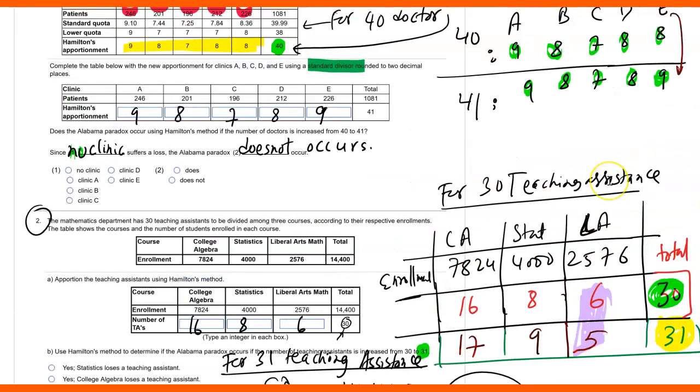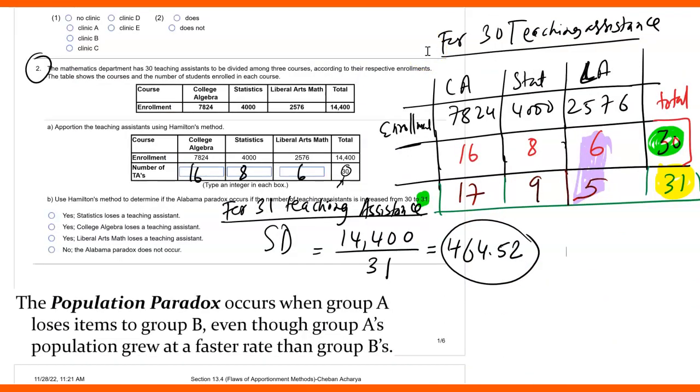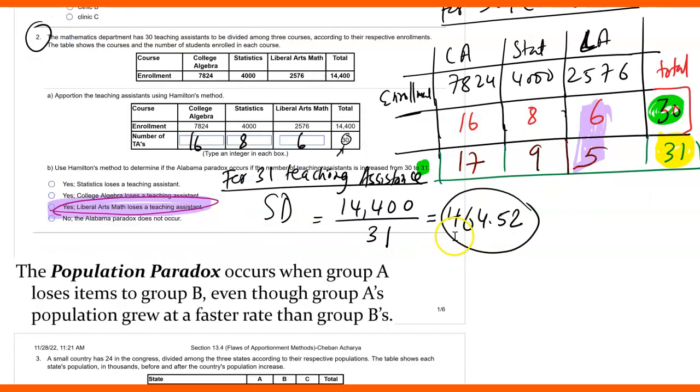As long as one of the groups loses a quota, the Alabama paradox occurs. Therefore, we're going to choose this. Yes, because liberal arts math loses a teaching assistant. See that here? Yes, liberal arts math loses a teaching assistant. Therefore, the Alabama paradox occurs. Okay.